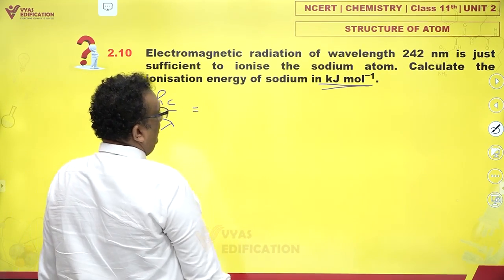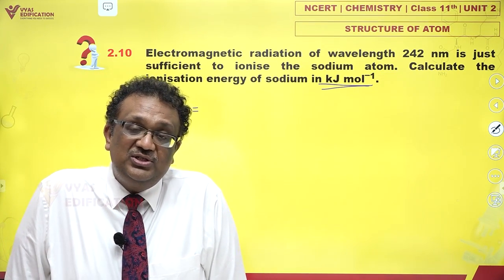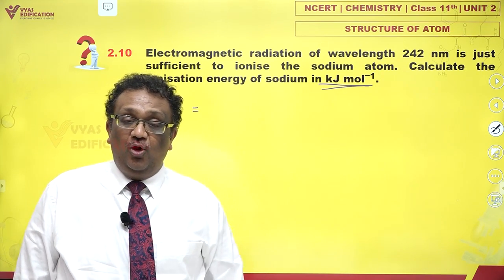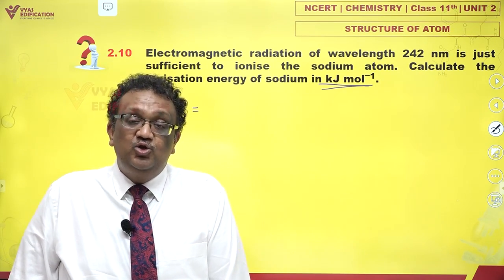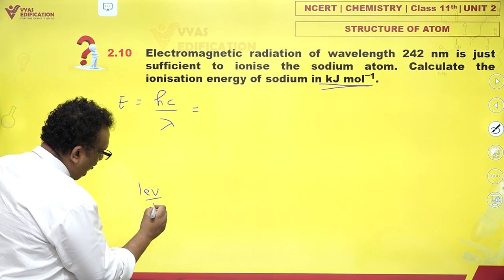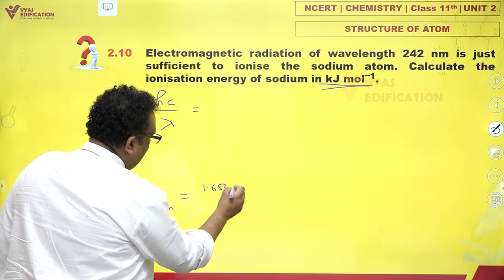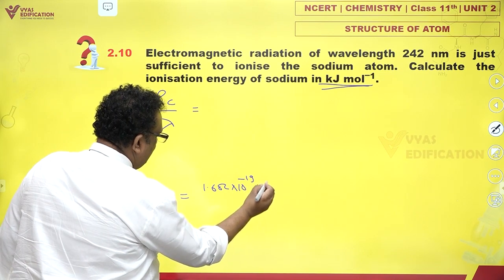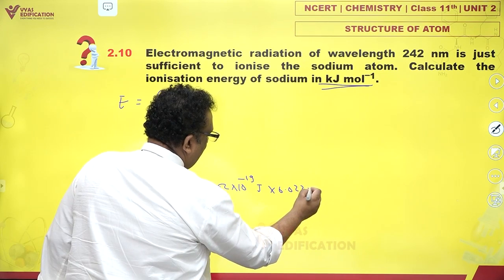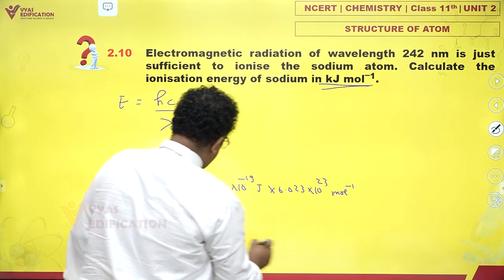As a matter of fact, if you want, you can also find this in electron volts and then use a conversion of how much 1 electron volt per photon converts into kilojoules per mole. 1 electron volt per photon is 1.6 into 10 raised to minus 19 joules into 6.023 into 10 raised to 23 per mole.